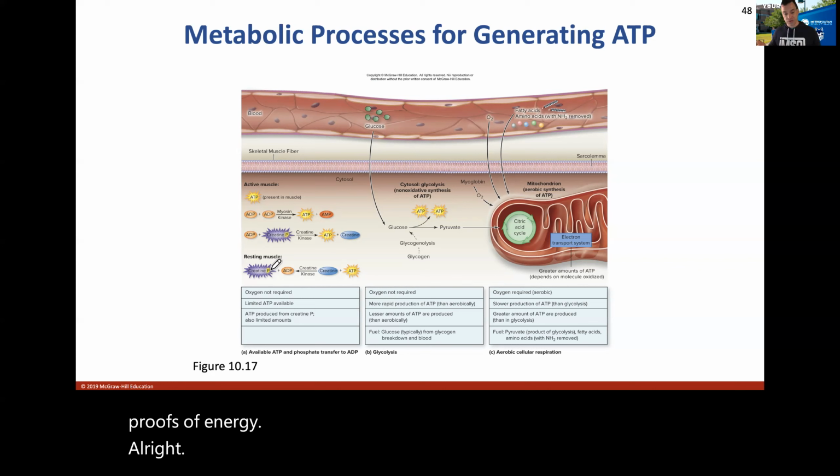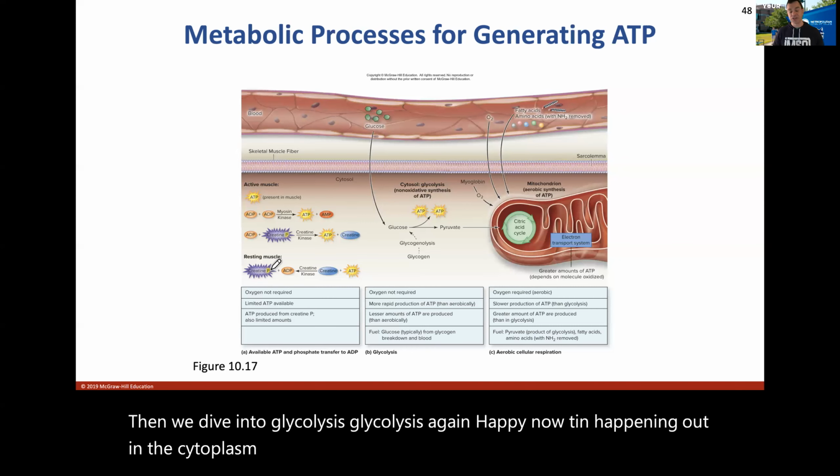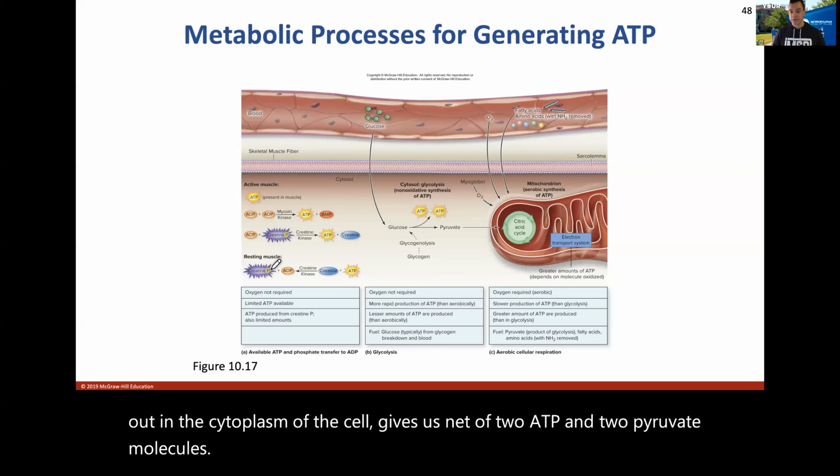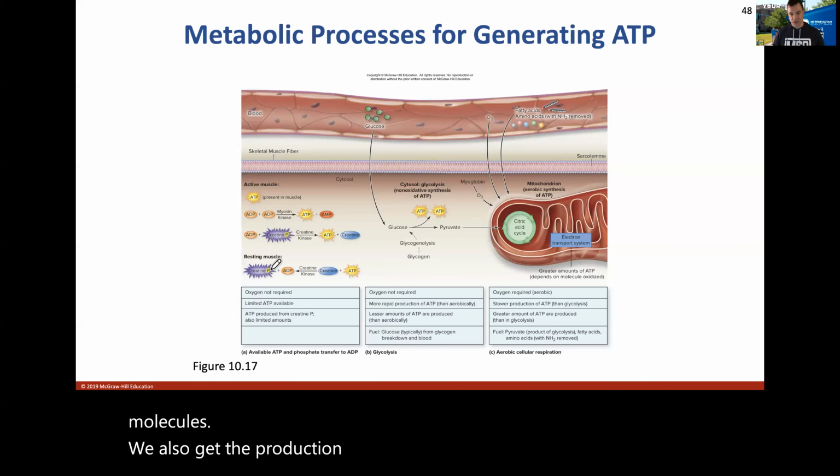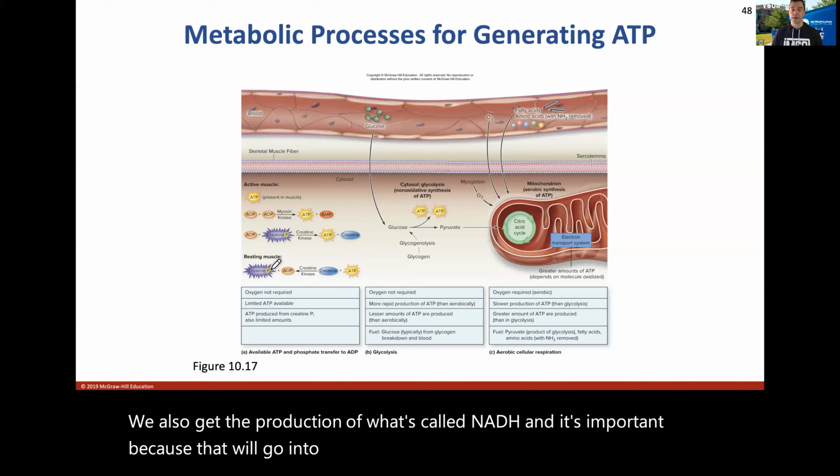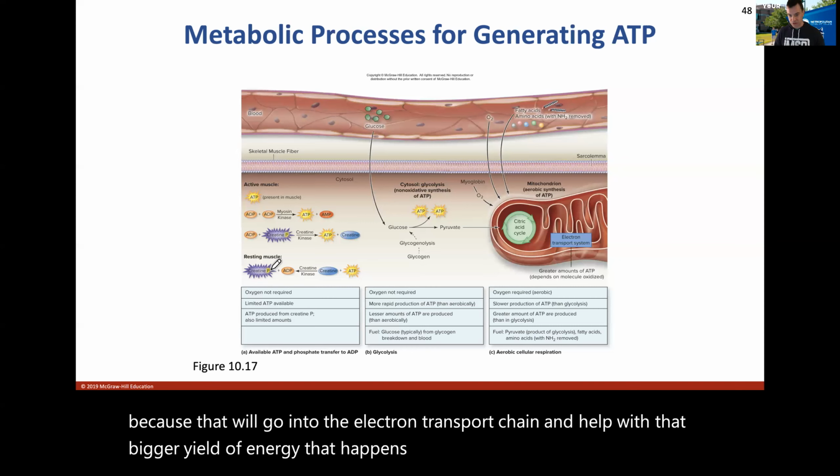Then we dive into glycolysis. Glycolysis, again, happening out in the cytoplasm of the cell, gives us a net of 2 ATP and 2 pyruvate molecules. We also get the production of what's called NADH, and it's important because that will go into the electron transport chain and help with that bigger yield of energy that happens with aerobic cellular respiration, which again happens only in the mitochondria.